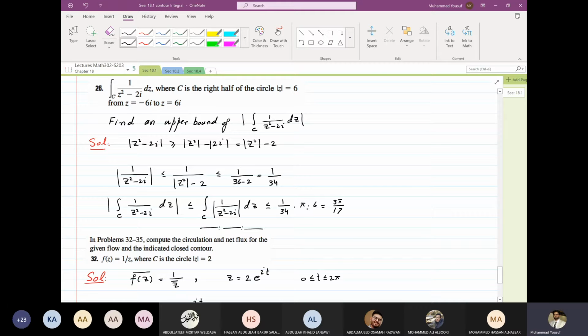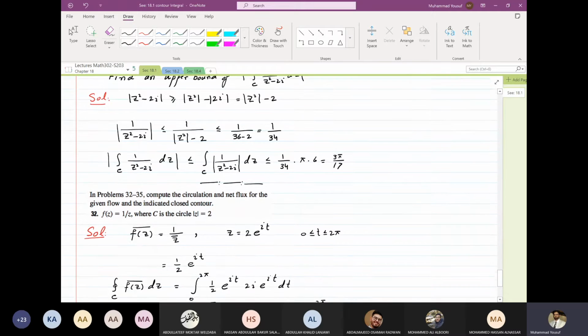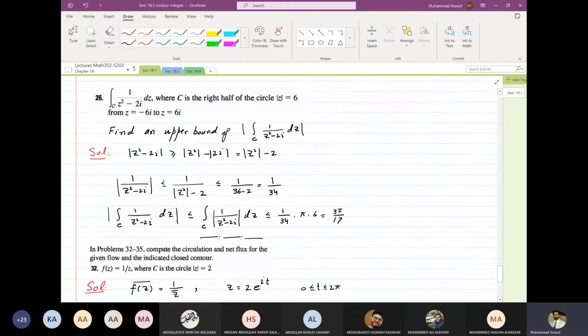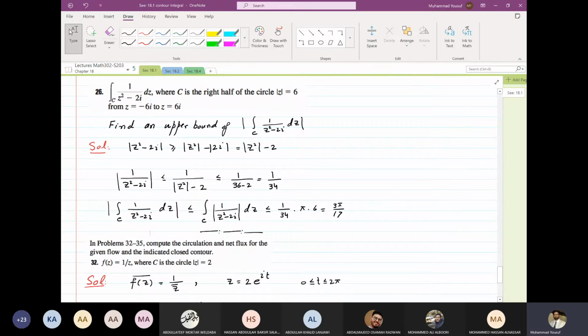We will not have 2 here because it is a half circle, so it is pi r only, pi multiplied by 6. Then we cancel 6 and 34 by 2 and get 3 pi over 17. So you can see it is not very complicated, a small question.